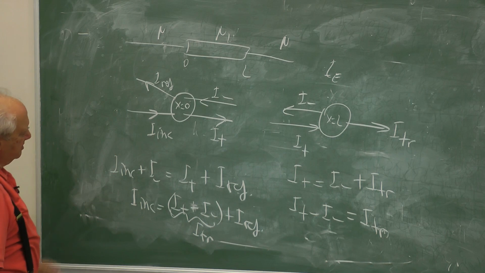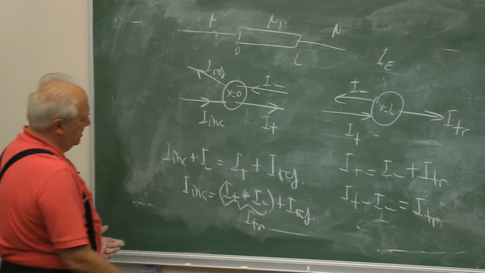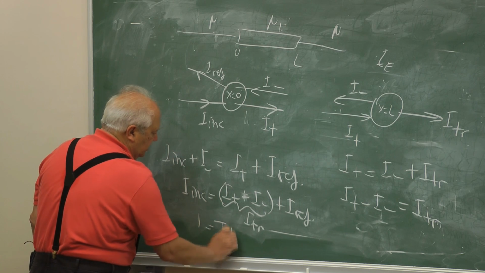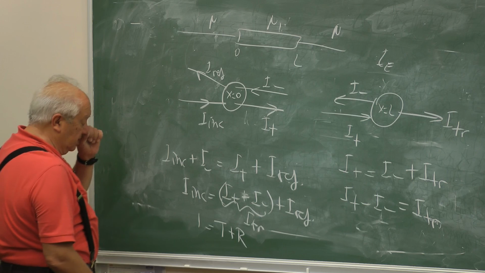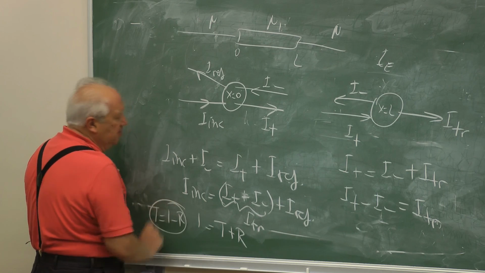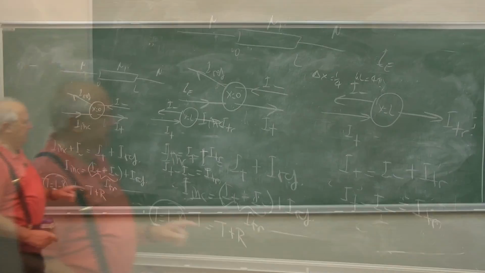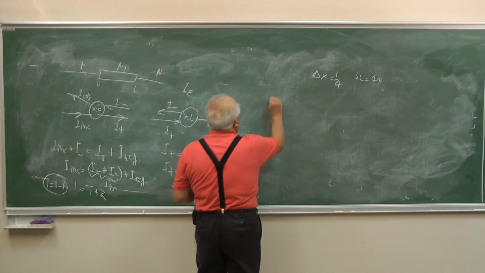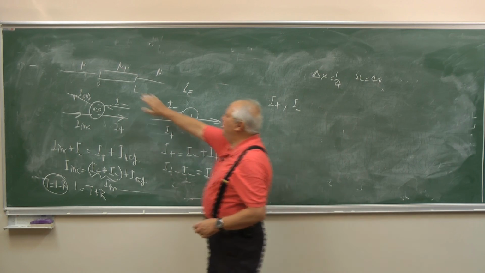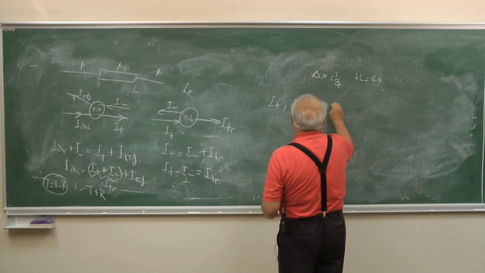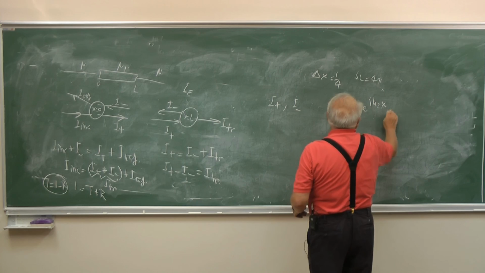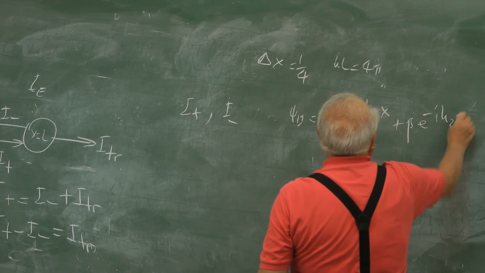Okay. And that's why if you divide by I incoming, 1 is equal to T plus R. This is the justification of our finding T as 1 minus R immediately. We didn't have to solve everything. But if you ask what is I plus, what is I minus, then we have to solve for the coefficients here. And for example, psi2, we will write then alpha e to the I k2x plus beta e to the minus I k2x.